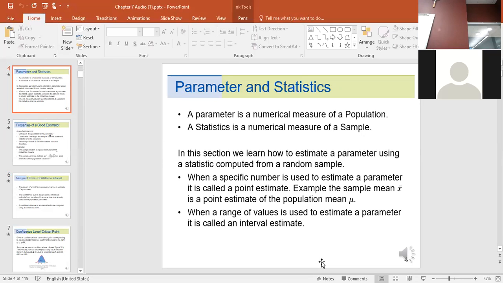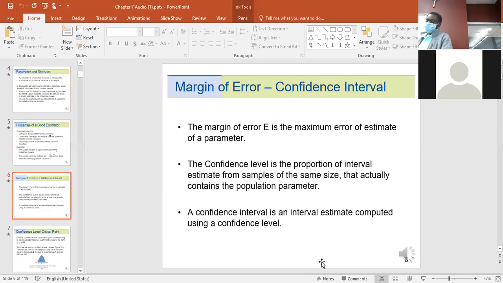But if I take a sample of 50 students and find the average age to be 19, I will say that the average age of students is about 19. That is a point estimate. So we use the point estimate to get an interval estimate. And we want to realize that an interval estimate gives us more information than a point estimate.